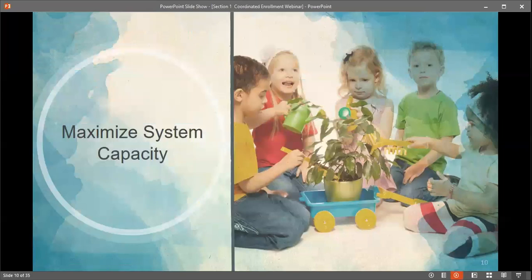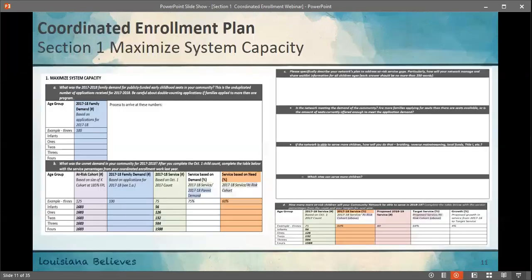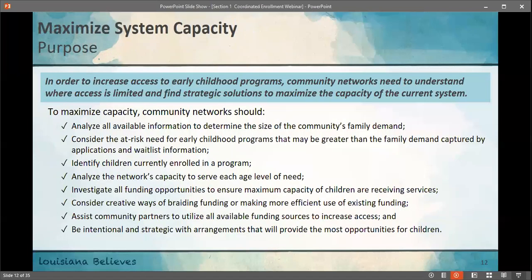So now we're going to really focus and hone in on maximize system capacity. This is Section 1 of your coordinated enrollment plan. So you can see that it has a couple of tables in there, and we're going to really focus in on the first one. But before we do that, I want to talk about the purpose.